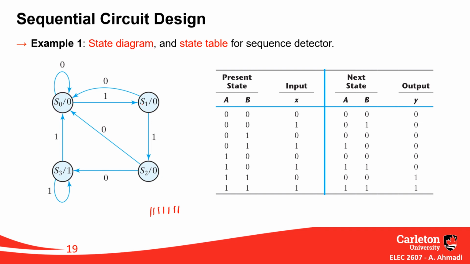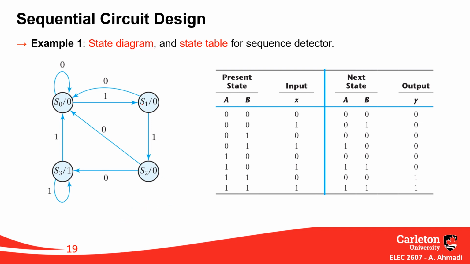No chance for any other output. If it's at S1 or S2, your output will also be 0 because it means that you don't have enough ones to create a 1 output. But if you're at S3, your output will definitely be 1. So this makes this machine a Moore machine.